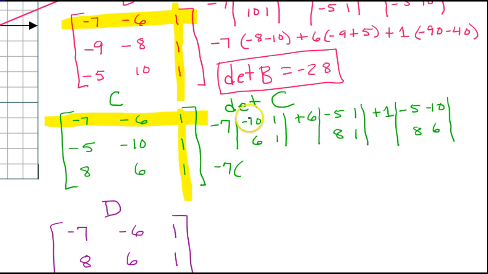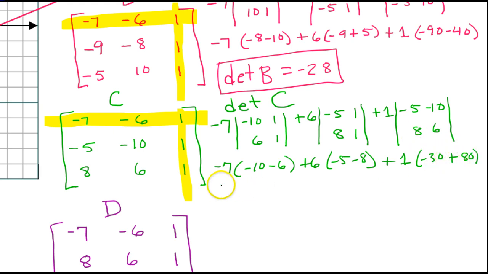This first determinant is just down diagonal minus up diagonal, so this is negative 10 minus 6. And then again, down diagonal minus up diagonal, so negative 5 minus 8. Here the down diagonal is negative 30. And the up diagonal is negative 80, so I need to do plus 80 because minus a negative is positive. Now I'm going to do the rest of this calculation off camera. I know that you could do it.